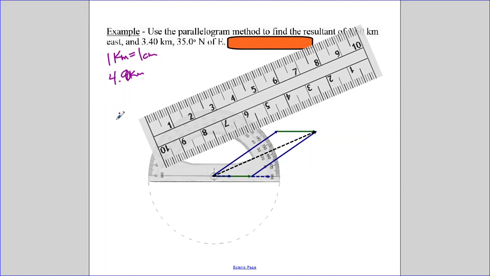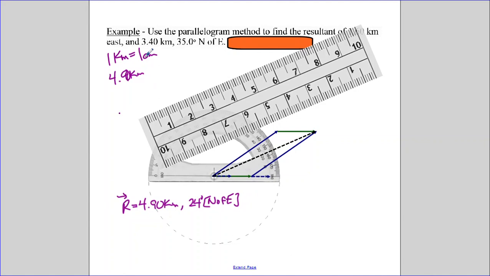So it looks like my resultant line measures out to be about 4.90 kilometers long, and it looks like it's about 24 degrees going north of east.